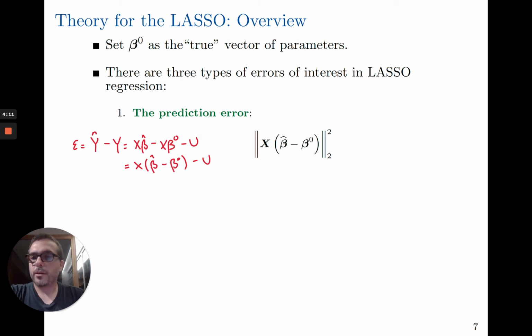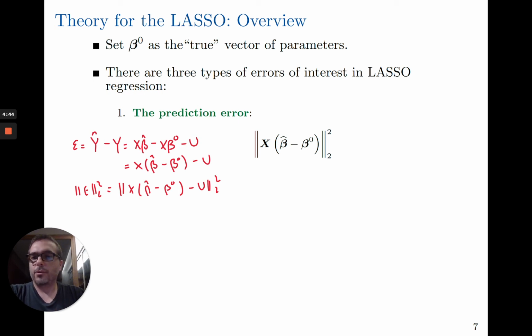So if we look into the squared norm of this error term, the problem is that there is something here that we have nothing to do about. That's the error that belongs to the model.